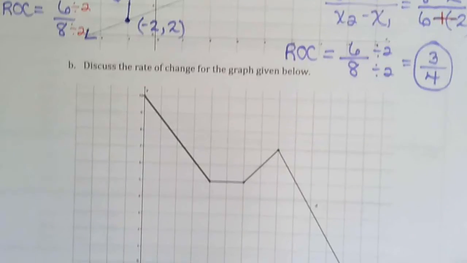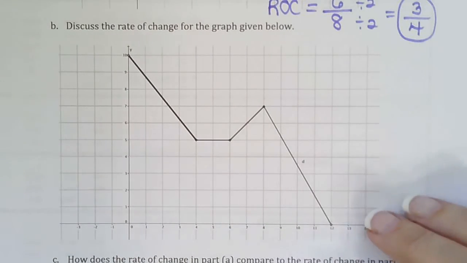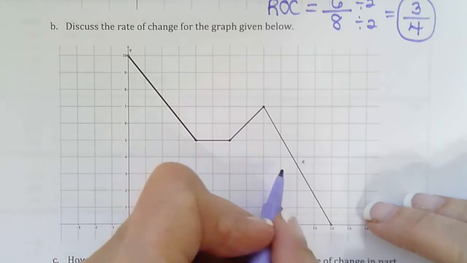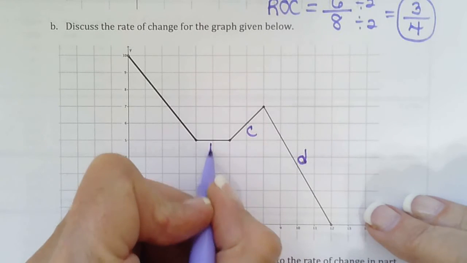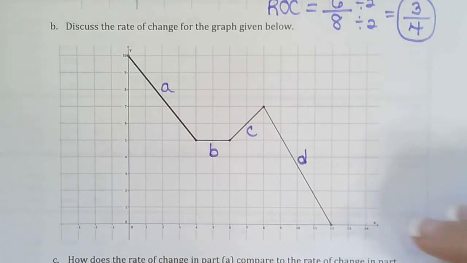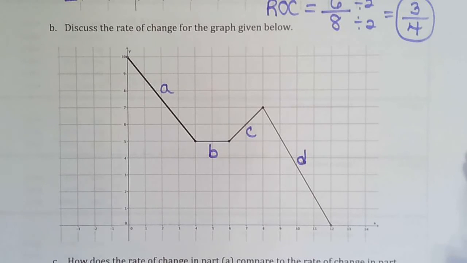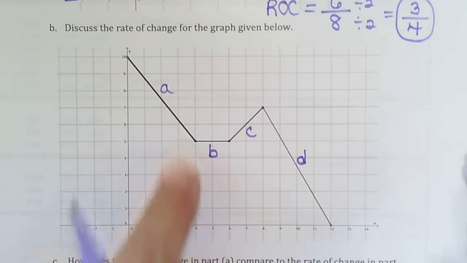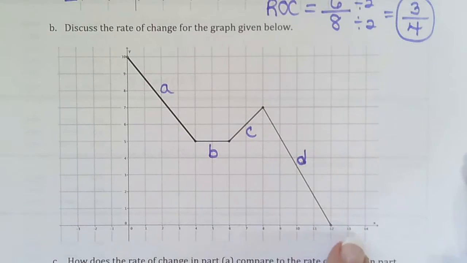Okay, on B, we have several line segments. It looks like some of the letters got lost here or weren't dark enough. So this is D, this is C, this is line segment B, and this is line segment A. For this one, we need to find 4 different slopes, one for each line, so we'll do slope 4 different times.